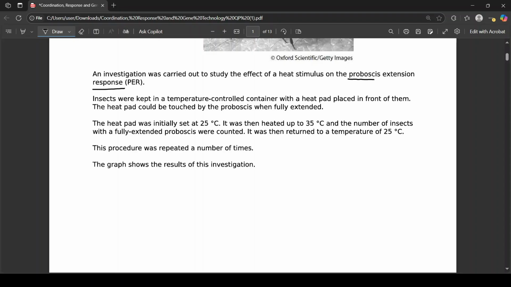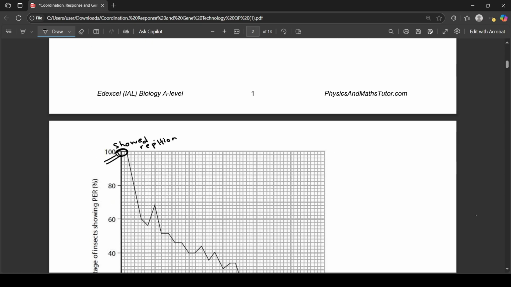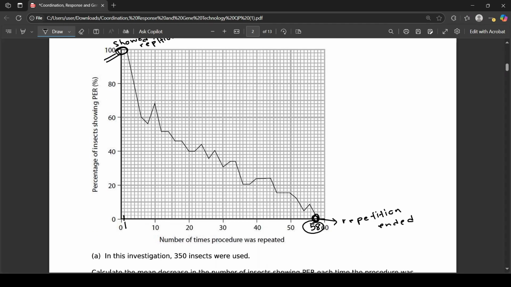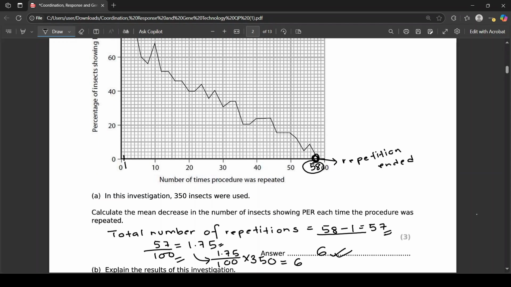So it's an investigation to carry out the study of the effect of heat stimulus on a particular species of insects.